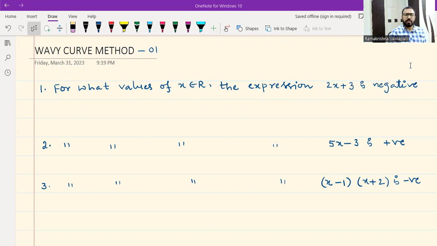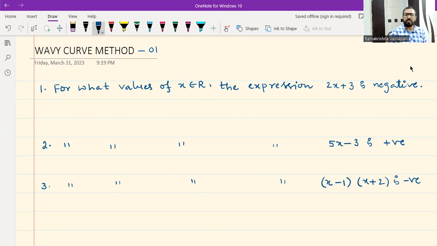Here, for what values of x belonging to R, real numbers, is the expression 2x plus 3 negative? In the previous video, I explained how to solve linear inequations.